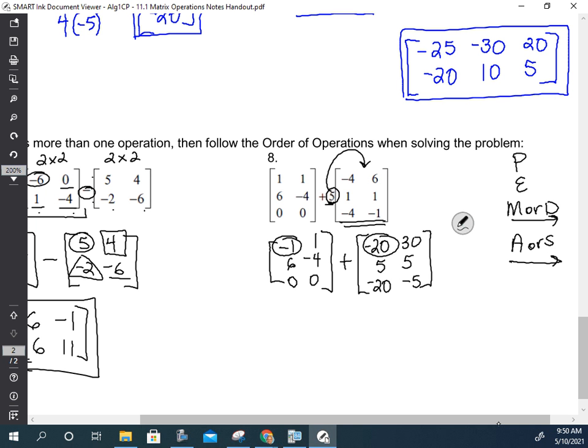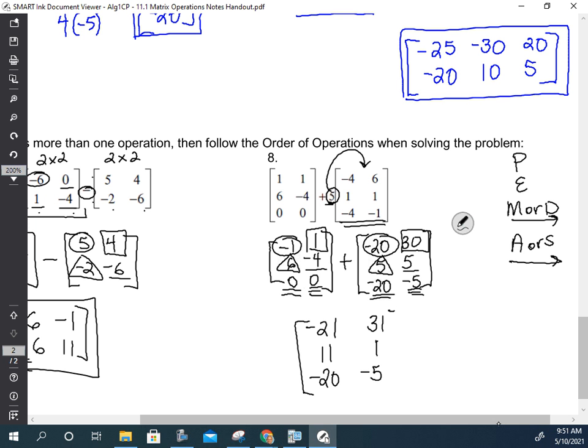Negative 1 plus negative 20, negative 21. 1 plus 30, 31. 6 plus 5, 11. Negative 4 plus 5, 1. 0 plus negative 20, negative 20. 0 plus negative 5, negative 5. Just like that, problem done.